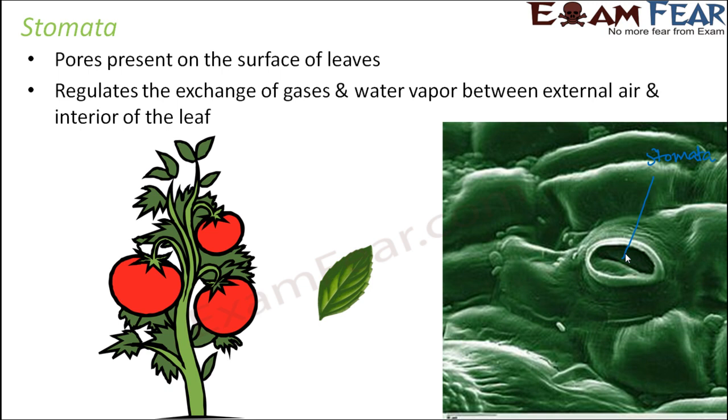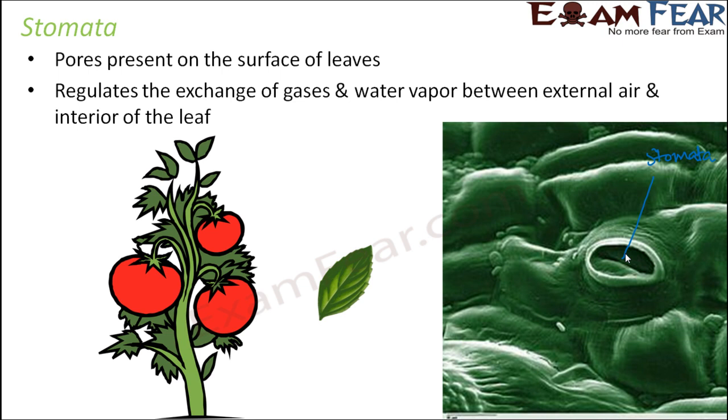So what is the purpose of stomata? They regulate the exchange of gases and water vapor between the external air and the interior of the leaf. So they basically act as windows. Like in our house, when we feel that inside it is too hot, what do we do? We open the windows so that some cool air comes inside, so exchange of air happens. Now suppose suddenly it starts raining outside, you quickly close your windows so that the water does not get into your house.